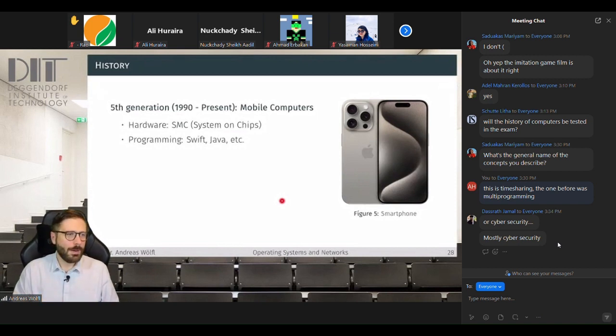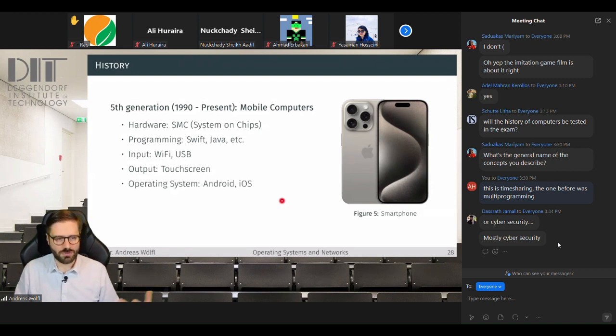And we use it mostly in mobile, though in the recent developments in Apple silicon, Apple again doing pioneer work there, Apple equips MacBooks also with system on chips where RAM is integrated into the CPU package as well. But this is just for completeness. I mean, everyone knows how to operate a smartphone, what the input and output is, and what operating systems we have, such as Android or iOS.